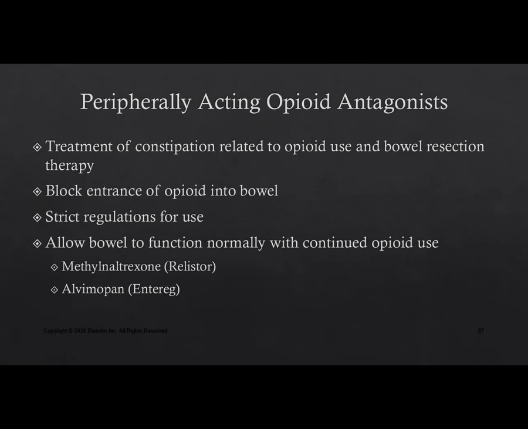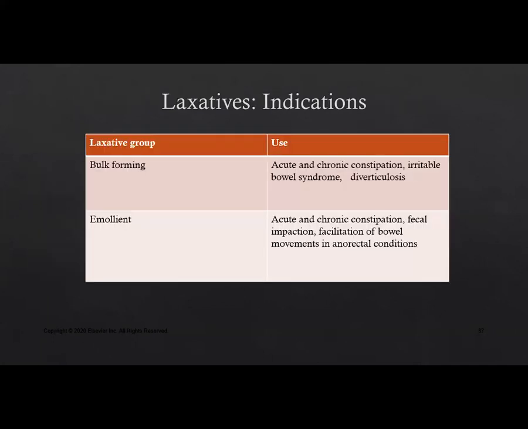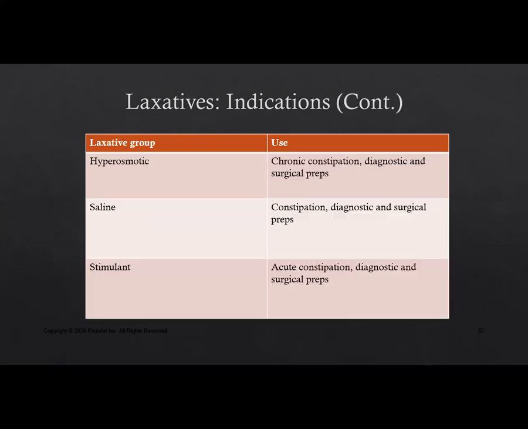For some of them, the strict regulation depends on which one you're giving, because some do require them to be given while they're in the hospital, just so you can watch them while you give that. So this is just some indications for your bulk forming, emollient, hyperosmotic, saline, and stimulant. They've all got their uses.